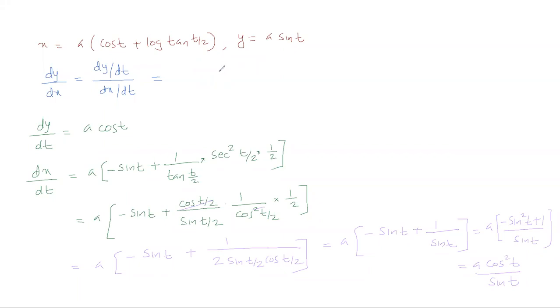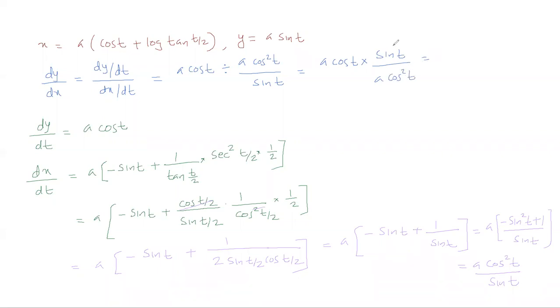Exchange हो गया. dy by dt is equal to a cos t divided by dx by dt. Dx by dt is equal to a cos square t divided by sine t. So instead of division, we can multiply with the reciprocal. So a cos t into sine t by a cos square t.